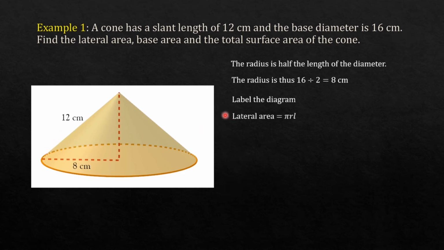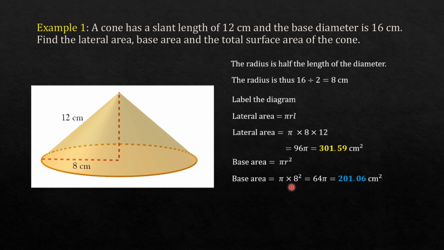And the lateral area is given by the formula pi r L. We substitute in the numbers, pi times the radius, which is 8, times the slant length, which is 12, and we get 301.59 square centimeters for the lateral area. The base area is given by pi r squared.